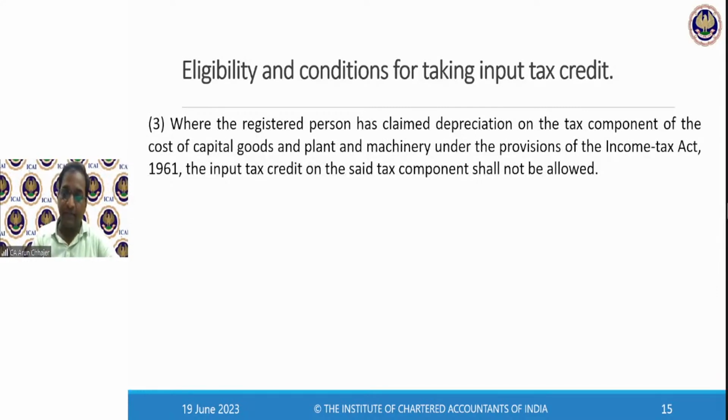Mr. B has purchased the plant and machinery worth rupees 10 lakh on which GST is paid rupees 1,80,000. Now Mr. B has capitalized rupees 10 lakh and is taking the depreciation on 10 lakh.